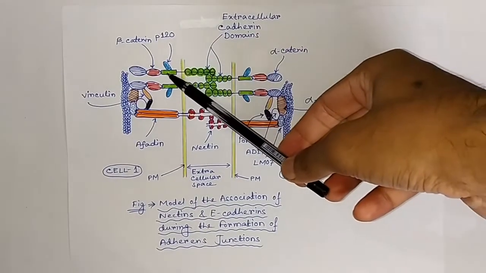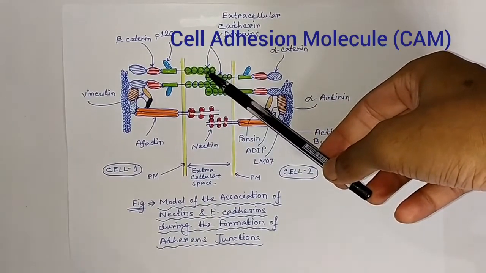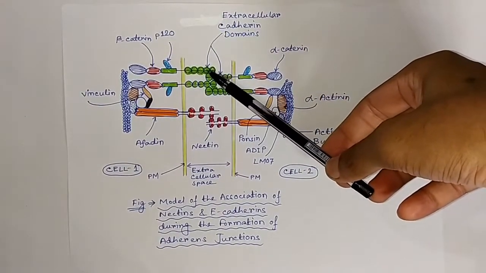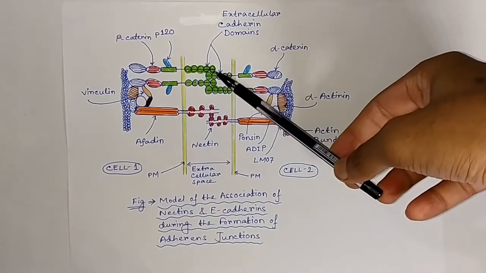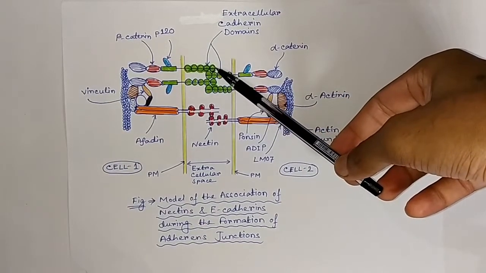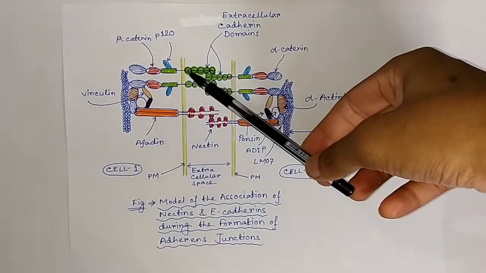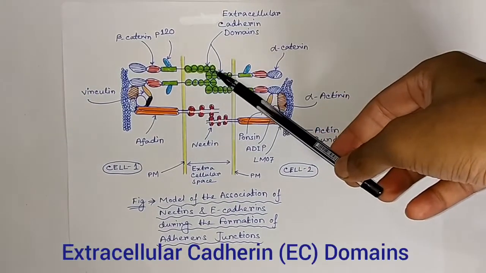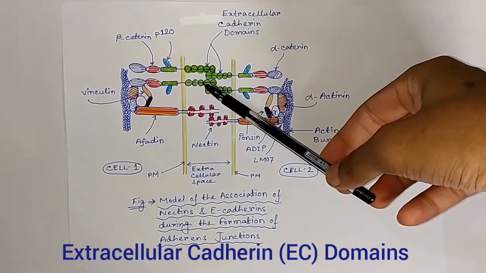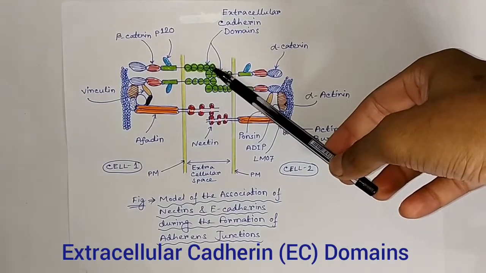These cadherins are a type of cell adhesion molecule. They are a class of type 1 transmembrane proteins and are dependent on calcium ions to function. They have an extracellular portion consisting of several copies of the extracellular cadherin domains.